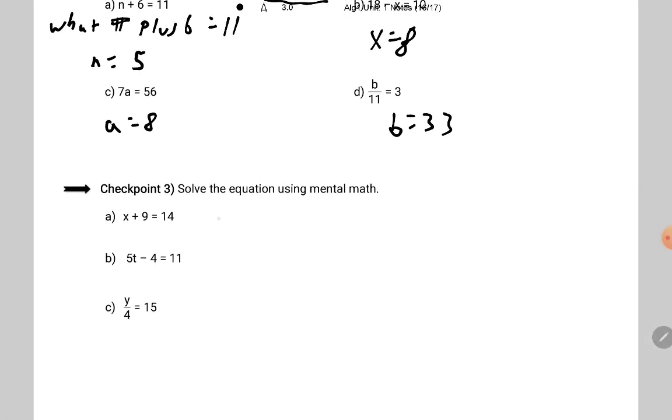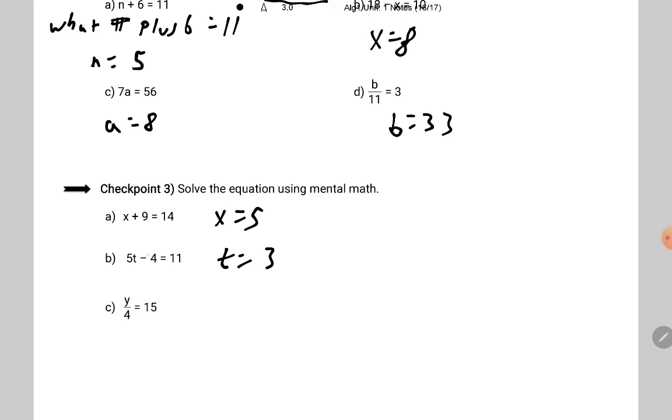What plus 9 is 14? 5. So this one is a bit harder. What times 5 minus 4 is 11? You can try out some different numbers, but it actually comes out to be 3. 3 times 5 is 15. Minus 4 is 11.